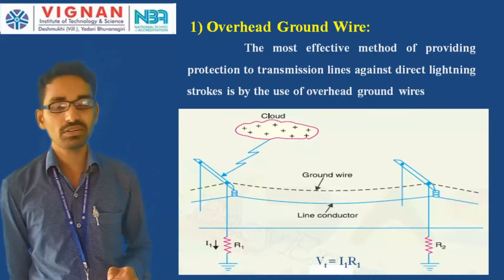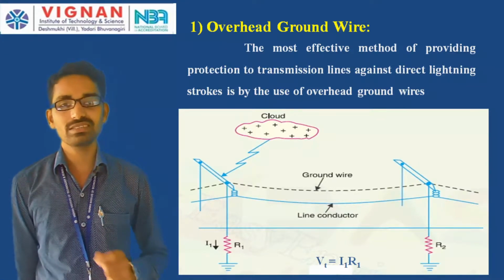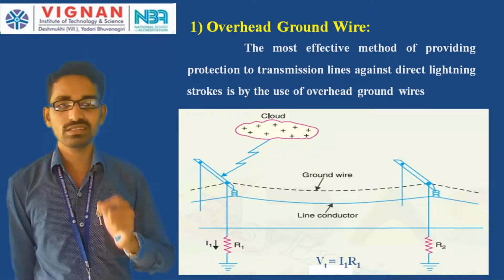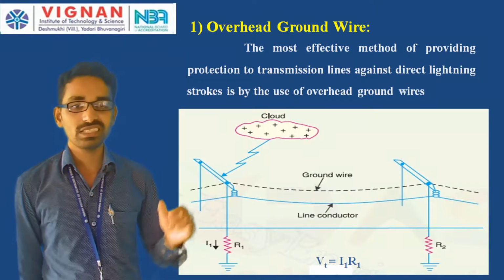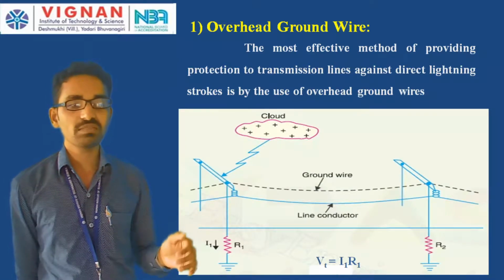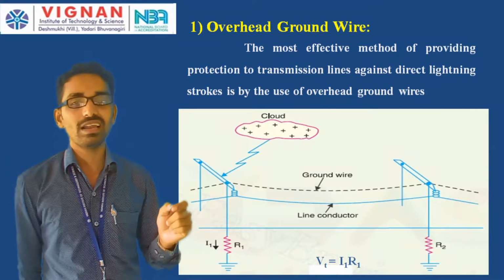We use very low resistance for this ground wire, because it needs to conduct the large voltages or currents produced by lightning.